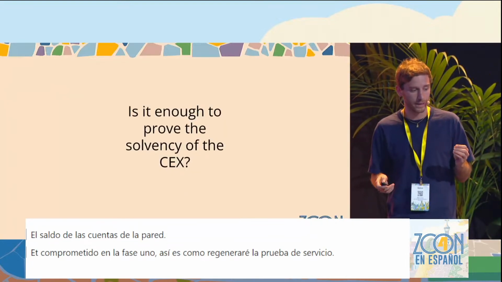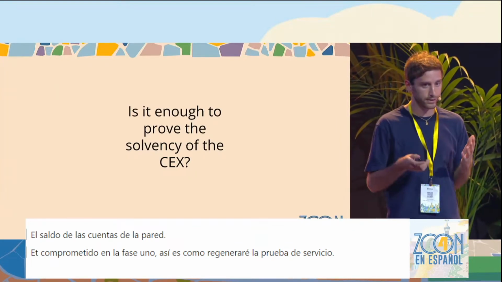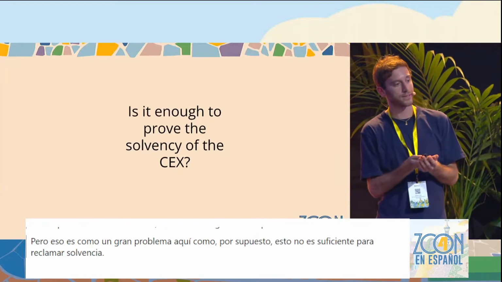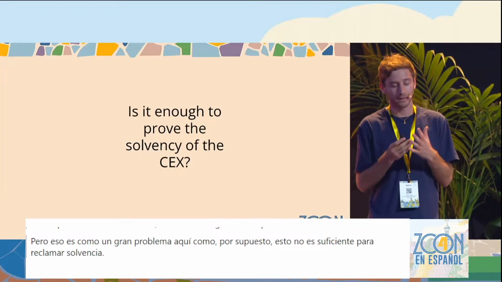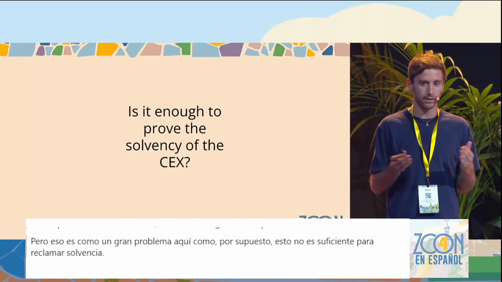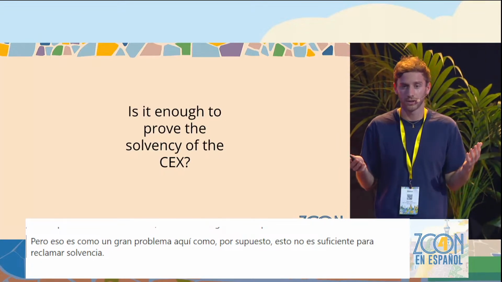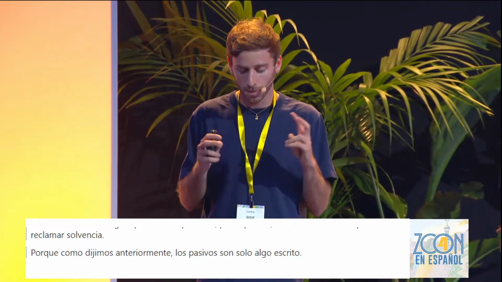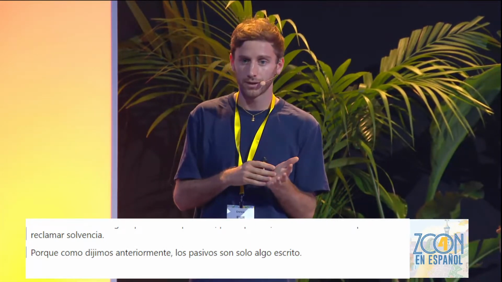But there's a big problem here. Of course, this is not enough to claim solvency, because as we said previously, the liabilities are just something written in the database of the exchange. So they can modify it as they like. There's no, let's say, cryptographic binding to the database.